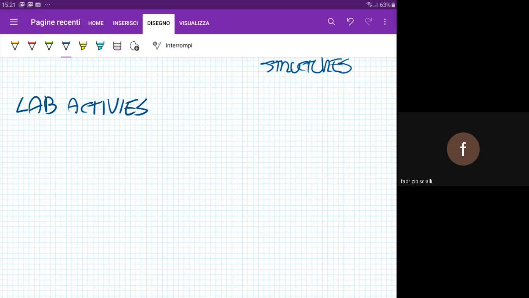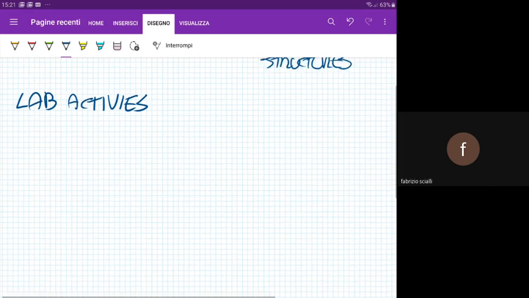Of course, for those people who can't attend, I can arrange a different way. Maybe we can have a video recording of the laboratory activity or something like that. But if you can attend the laboratory, it is very helpful. You can see a lot more things while you are there.